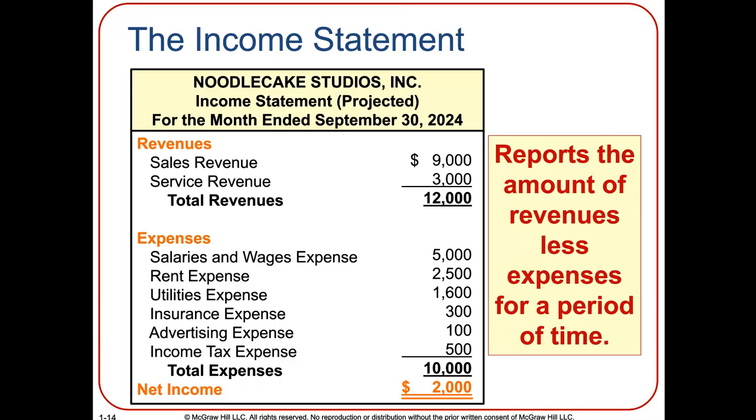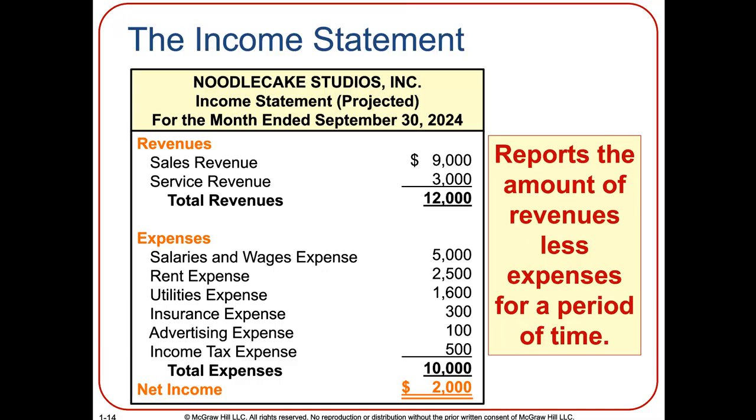How we doing? So that's the title and everything up there at the top. You'll see that as a commonality on all of them. Then in this one, because it's an income statement, we get a heading of revenues minus expenses equals net income. In this case, we've got Noodle Cake Studios. They have sales revenue and service revenue.